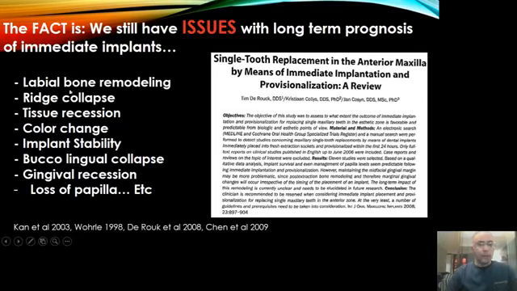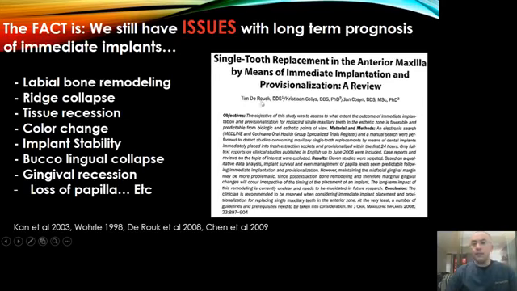We have labial bone remodeling, ridge collapse, tissue recession, color changes, implant stability, buccolingual collapse, gingival recession, and loss of the papilla. Kan from Loma Linda again, because the group is big in immediate implants, followed a lot of cases long term, and they saw a lot of those problems occur with the implant placement.